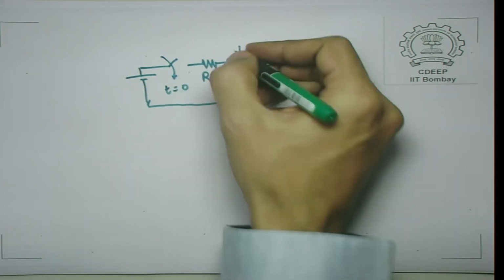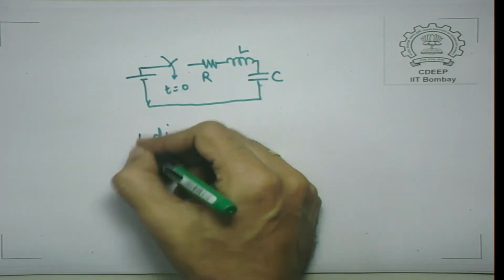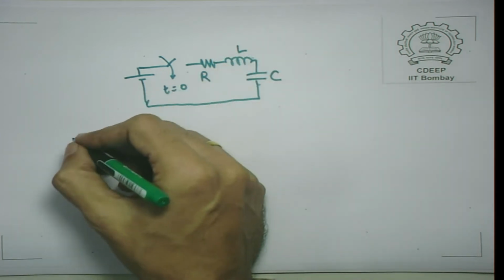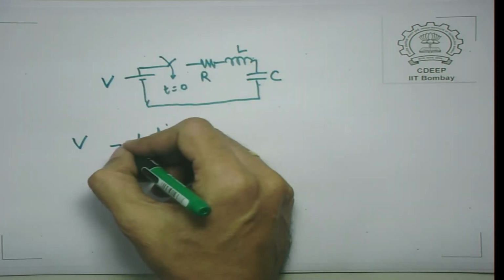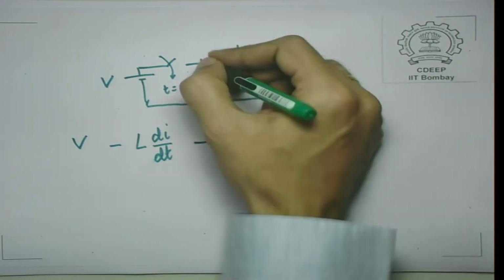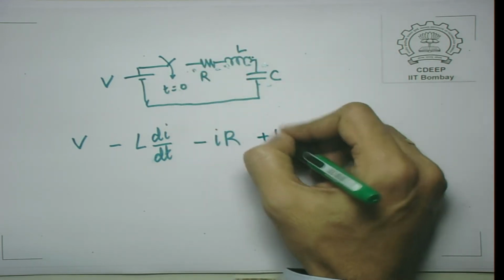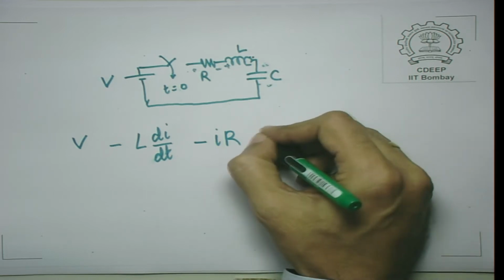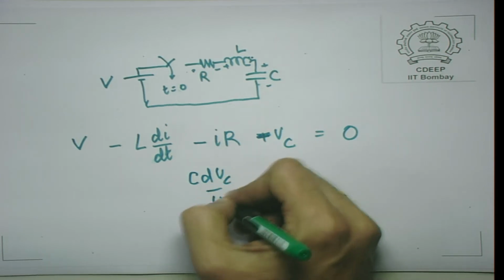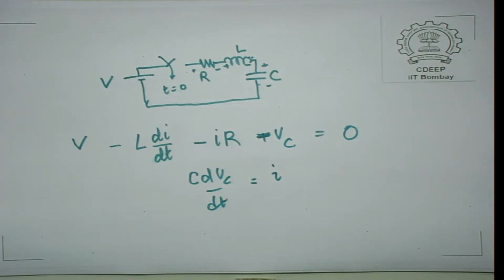You can first write a differential equation for the current. L di by dt, let us assume it is a linear inductor, is the voltage drop across this. So, if this is the input V, V minus L di by dt minus IR, which is the drop here, minus Vc is equal to 0, and also C dVc by dt is equal to I. So, these are in fact now two differential equations.